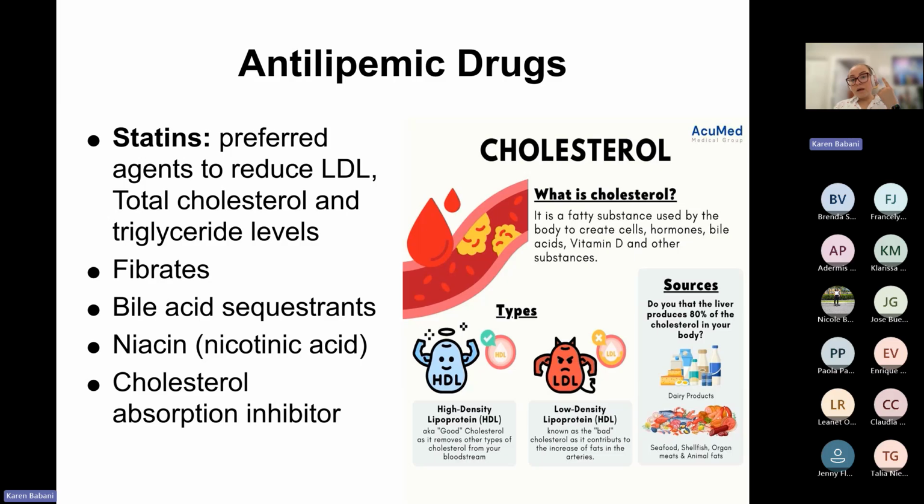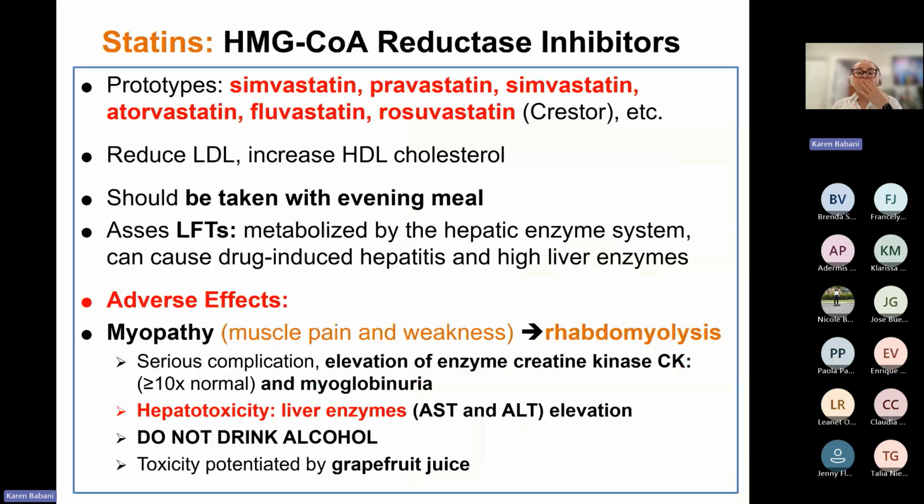Organ meats, animal fats. We mentioned seafood, olives, dairy products. And if they don't have a good diet, which is the case of most Americans, then supplement. Tell the patient to take their fish oil, their omega-3.